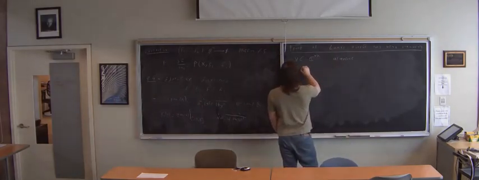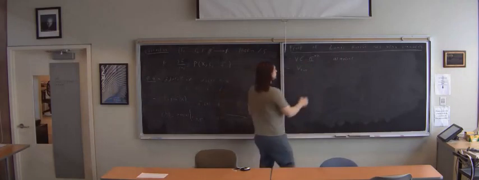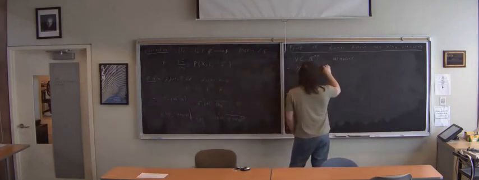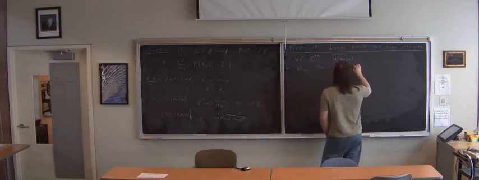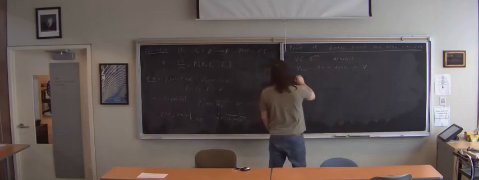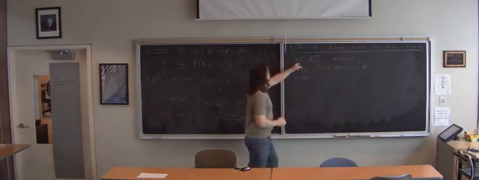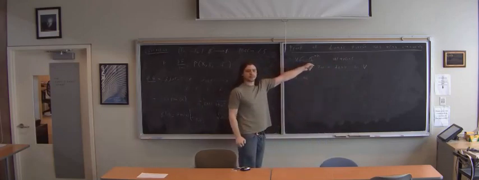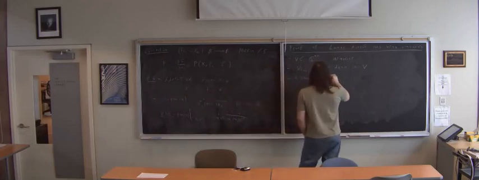So assume that the torsion points inside V are Zariski dense in V. And let's assume that V is not contained in a subtorus of C star to the n.